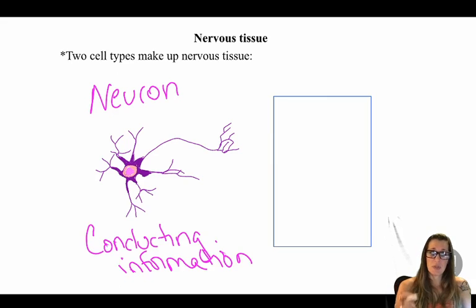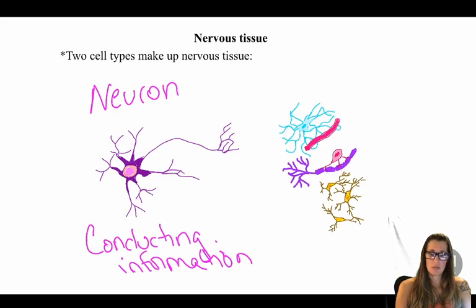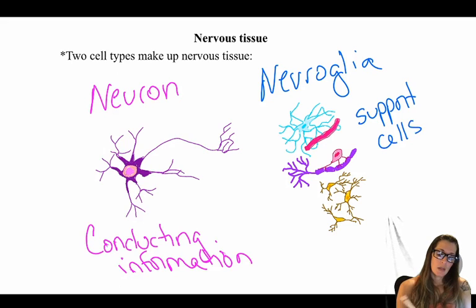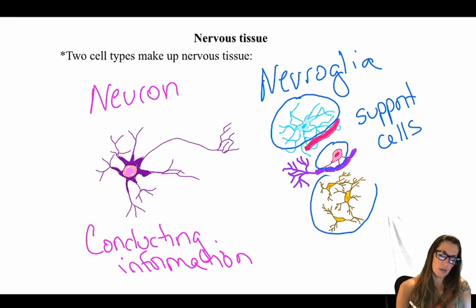But there's another cell type that's really, really, really important, and it's not showing up on your screen. Come on. There it goes. And that is the neuroglia. And the neuroglia are support cells. I've just put some drawings of 3 different types of neuroglia, and we'll revisit these later. You can see, hopefully, this sort of blue part right here is the neuroglia, this part right here is the neuroglia, and then these are all neuroglial cells.